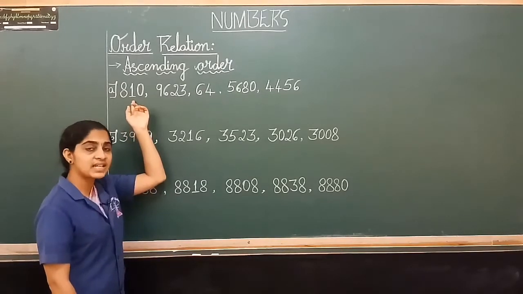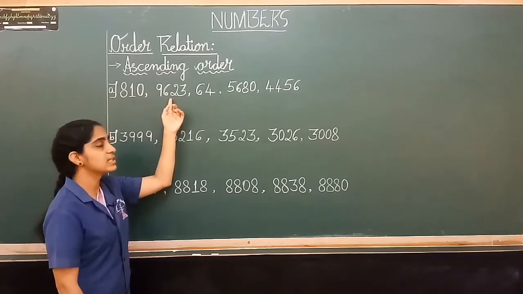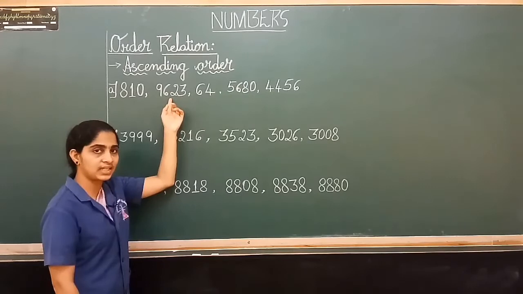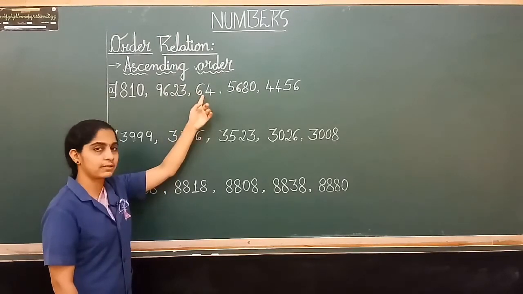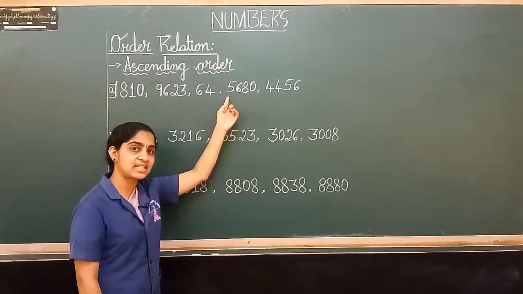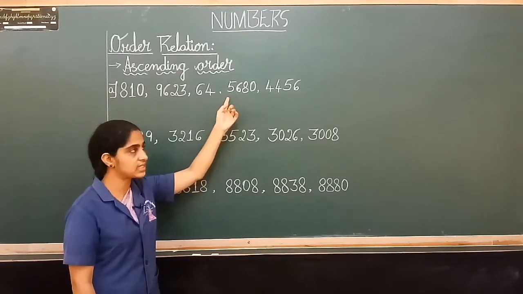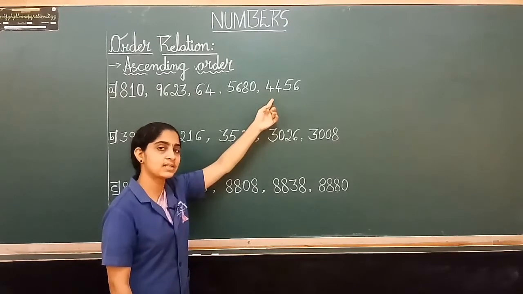See, here 810 is the 3-digit number. 9623 is 4-digit number. 64 is 2-digit number. 5680 is 4-digit number. And the last one, again, it is 4-digit number.